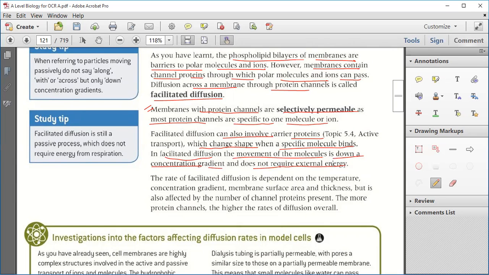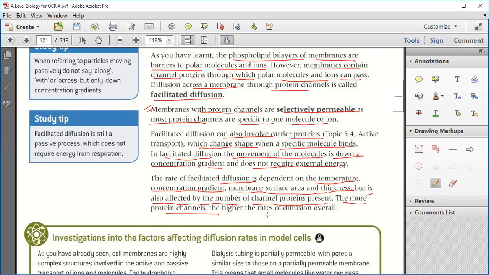Now, the rate of facilitated diffusion is dependent on temperature, concentration gradient, membrane surface area, and thickness. These are the 4 points on which the rate depends, but it is also affected by the number of channel proteins present.